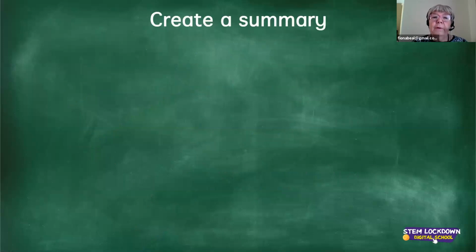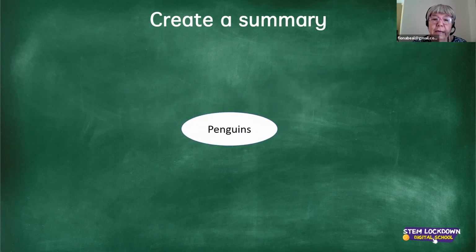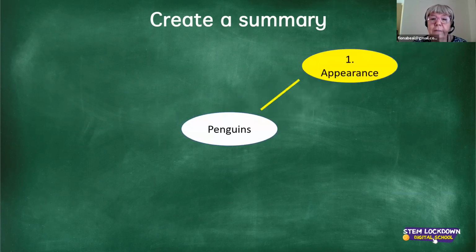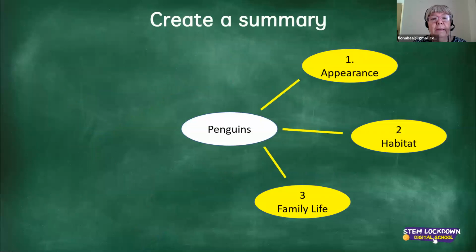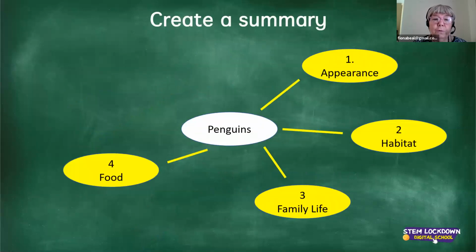Now, when you've been reading information text and you write down your keywords, then afterwards you can create a summary and just see what you remember. So you make a summary of the headings. So for today we did appearance, habitat, family life, food, and endangered.